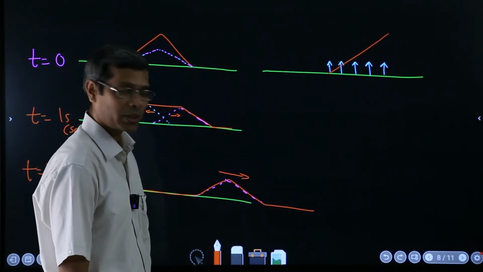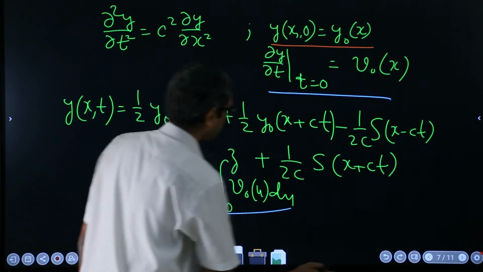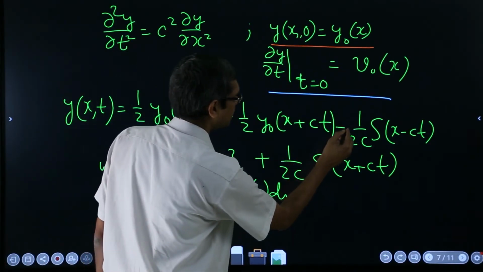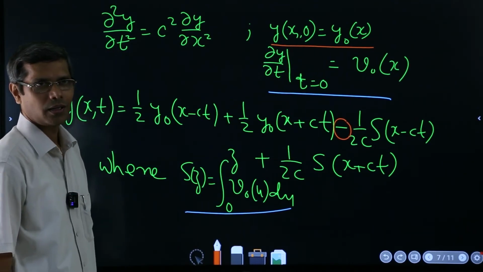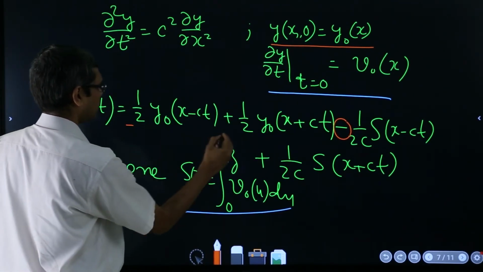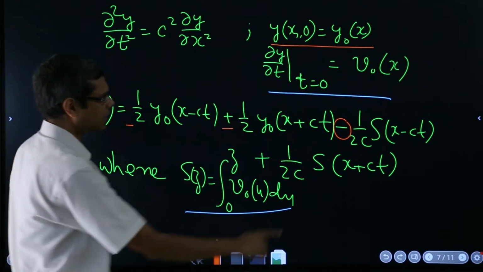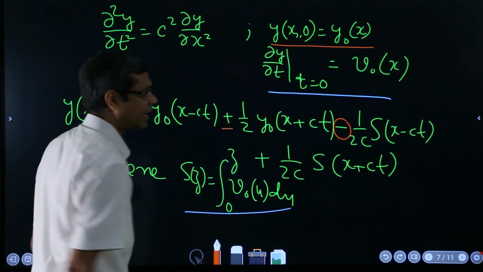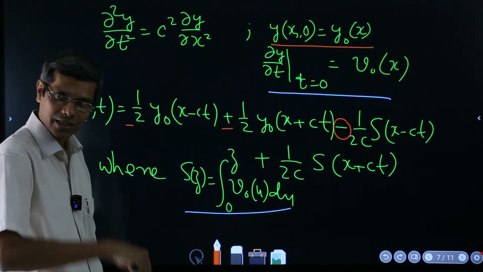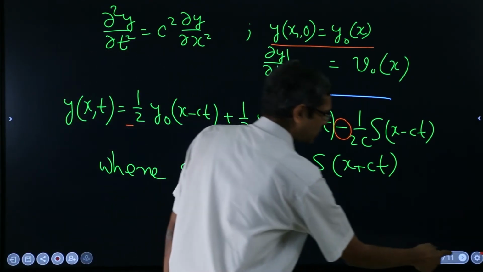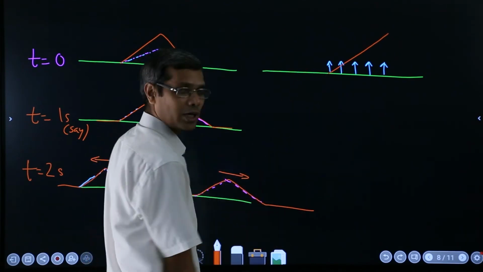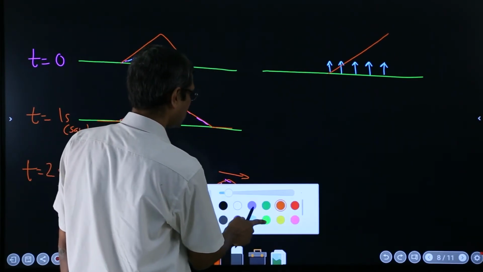But then you just think about one more thing here. Here both were positive. Here the rightward wave is negative. So when you come here, you will have two parts.